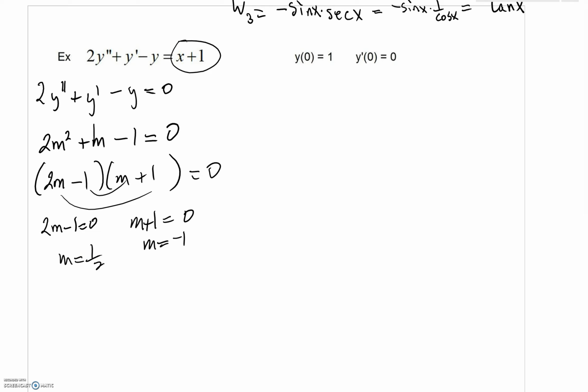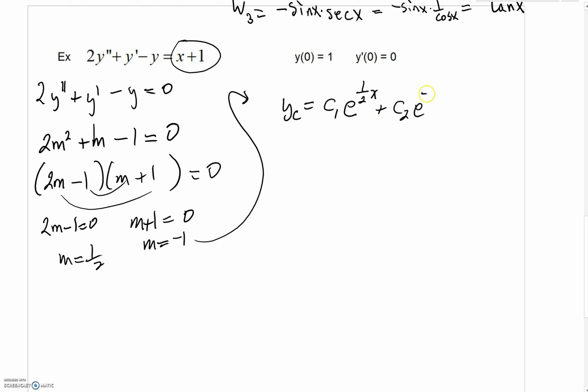So this is going to lead us to our homogeneous solution. We'll say, well, c sub 1, and we'll have e to this first m, that's 1/2 x, plus c sub 2, e to the -1x. And hey, look at that. Now the right-hand side, very much a review problem right now, and nice to see it.